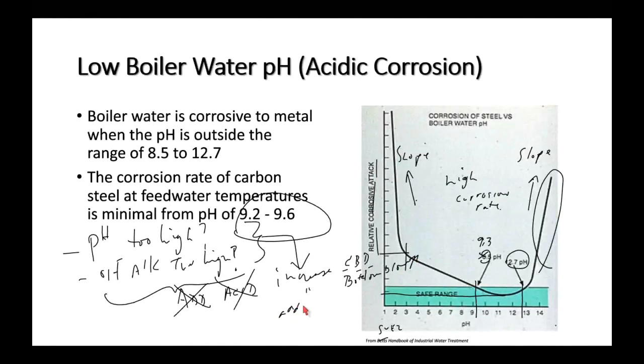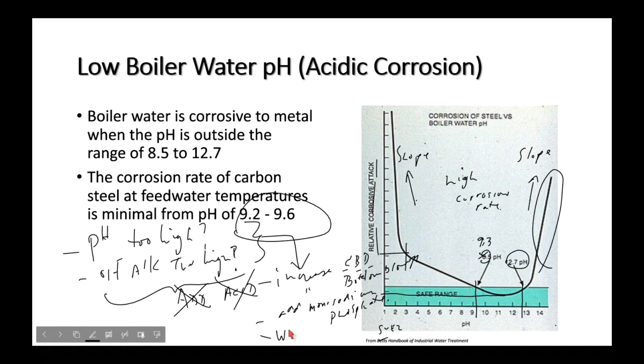Or we can add monosodium phosphate, because we remember that monosodium phosphate actually consumes hydroxide. Or what we can do is we can wait. That's the third thing we can do. I'm just going to add here, wait.